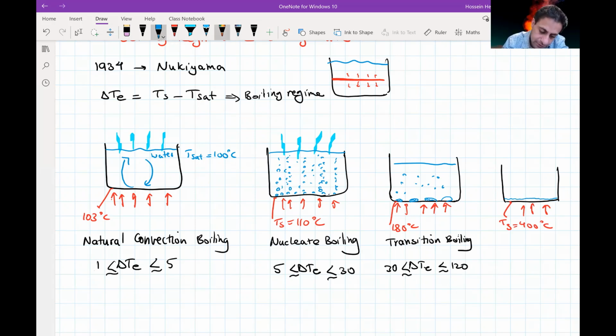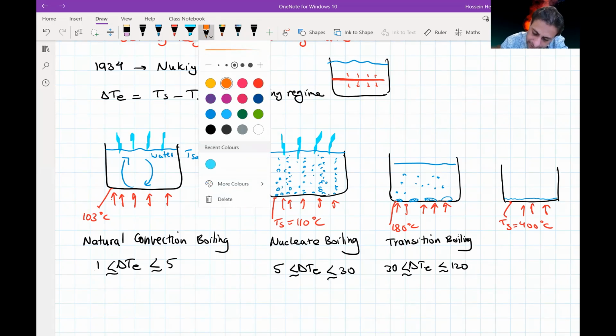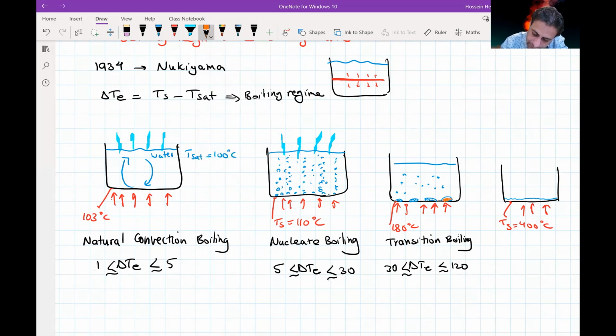If I show it with a different color, say orange, these are the pockets of vapor for the transition, but then we will see a blanket, or a film, of vapor forming here, and that's what we call film boiling. The surface is completely covered with a stable film.